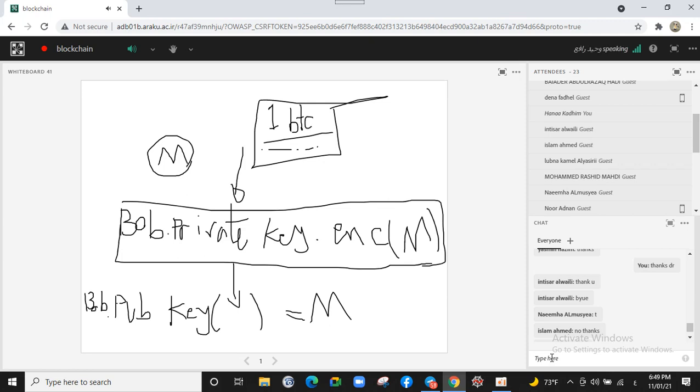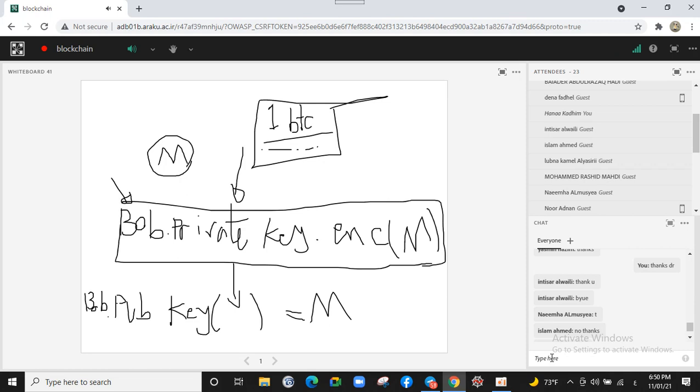Yes, encryption with a private key is called a digital signature. In fact, it's not encryption, because since everybody has Bob's public key, everybody can decrypt this message.